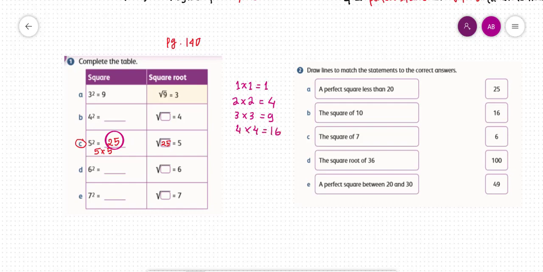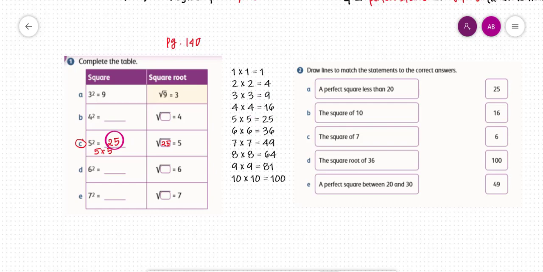Okay, here everyone, I've already written it tidily: the multiplications from 1 times 1 until 10 times 10.